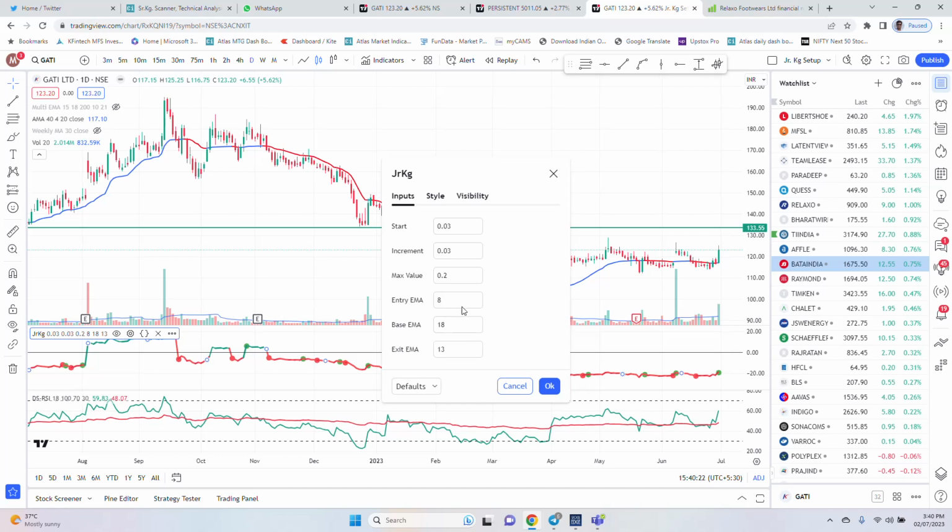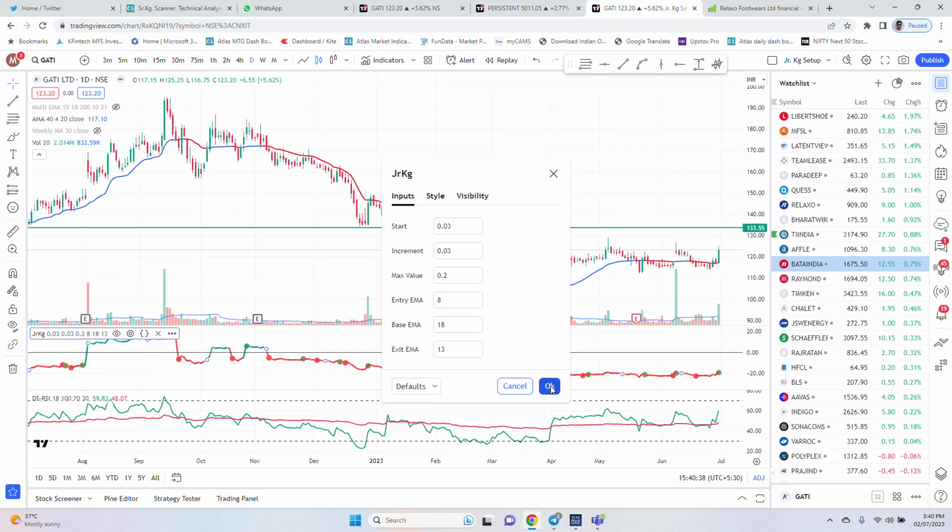Basically, the 8 EMA to 18 EMA crossover is our entry, and when the price closes below 13 EMA, we will get a sell signal on the indicator.